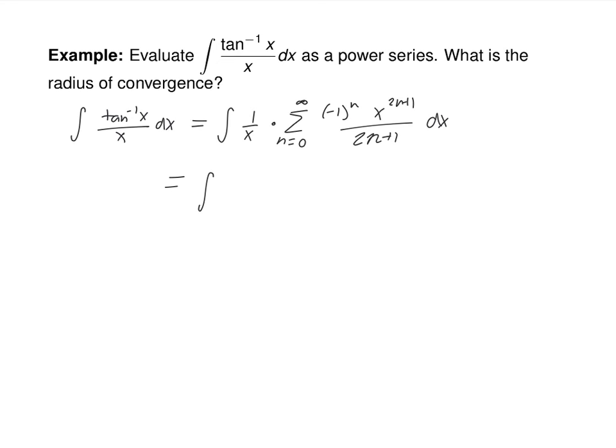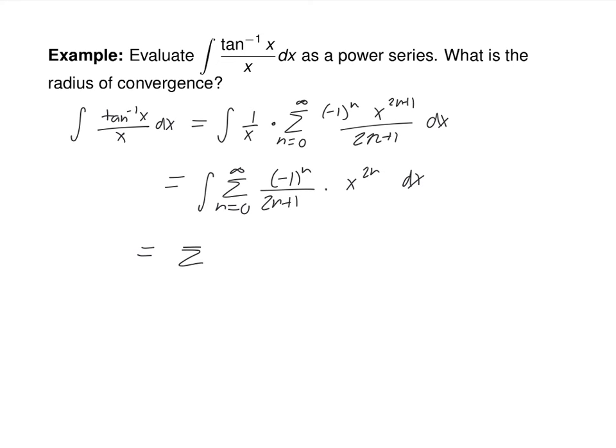So I have the integral of the sum from 0 to infinity. I'm going to take the negative 1 to the n and the 2n plus 1 and separate them off because they're a constant multiplied by x to the 2n. And we can anti-differentiate x to the 2n.